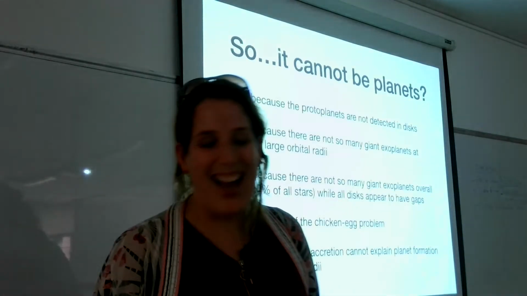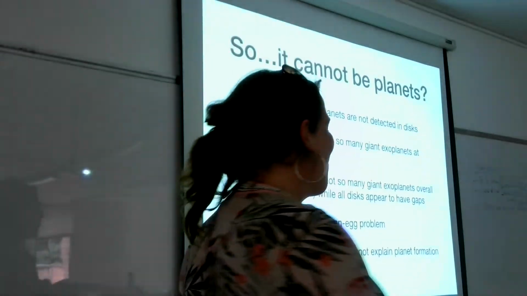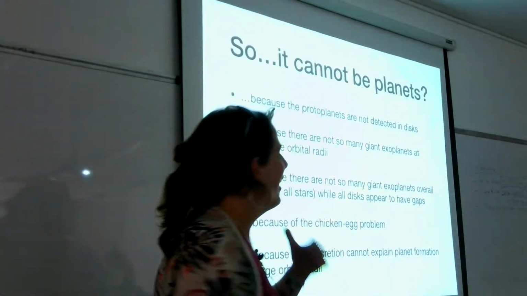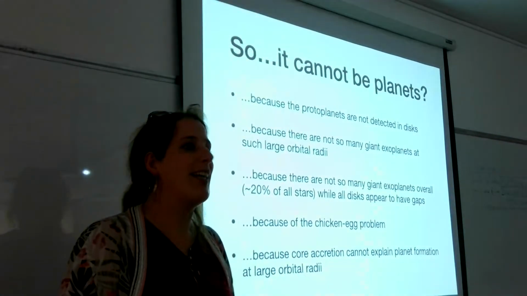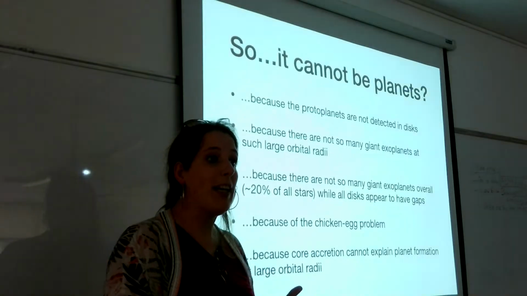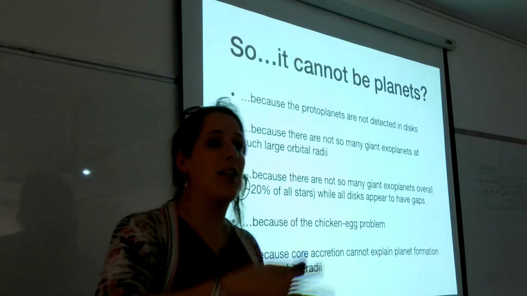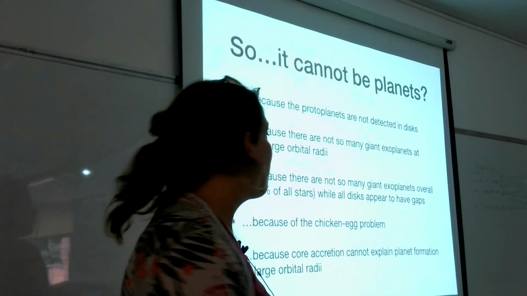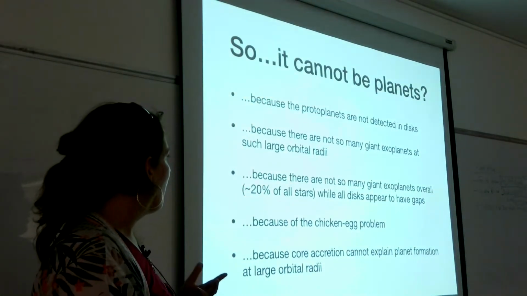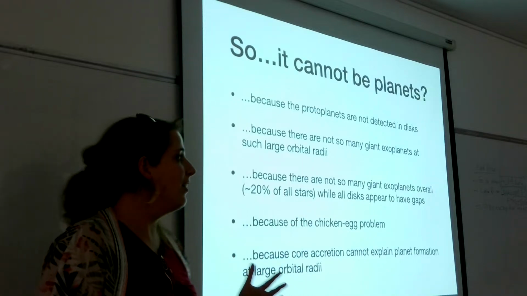Must be planets. Don't worry, I'm going to play devil's advocate here. So first I'm going to be very, very pessimistic. First, it cannot be planets because we haven't detected these planets. Because there are not many exoplanets at these large radii either. So why would they only be present in protoplanetary disks, but not in exoplanets? Also, there are not so many giant exoplanets in general.